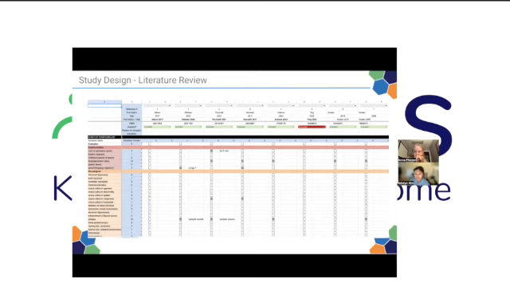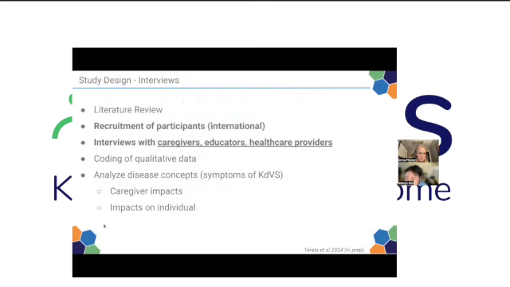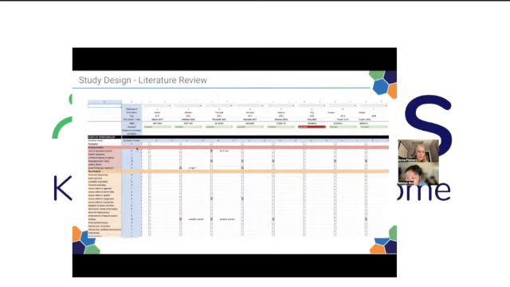For each piece of literature, we check off the symptoms it mentions, which allows us to analyze the number of times each symptom is reported across different studies. On the left side, there's a blue box showing the total number of symptoms that were mentioned across the papers.